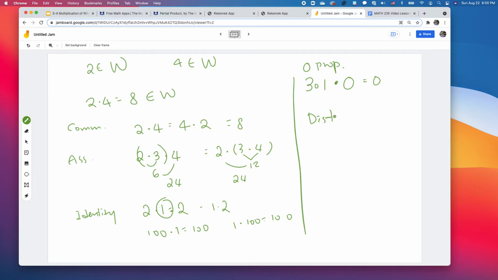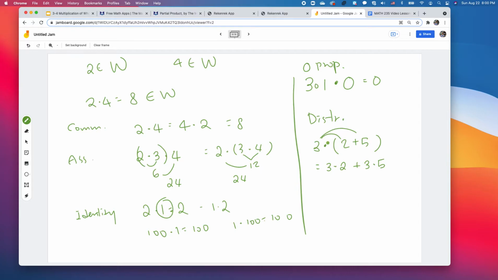Lastly, distributive property of multiplication over addition or subtraction. So you have something like 3 times (2 plus 5). You can distribute 3 to each of those. Then you have 3 times 2 plus 3 times 5.